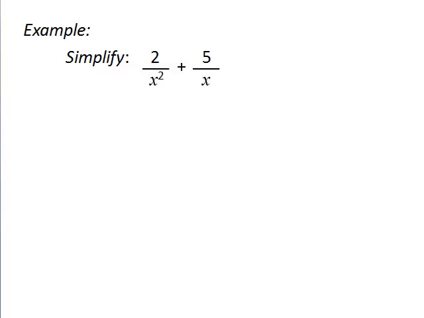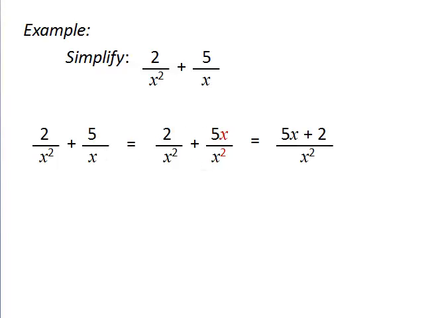Simplifying 2 over x squared plus 5 over x. Now we look at that. In fact, the denominators are already very similar. So all I'm going to have to do is multiply the right hand one by x. 5x rather, and x times x is x squared, and now I've got the same bottom line, and I can add them together. The 5x plus 2 over x squared.